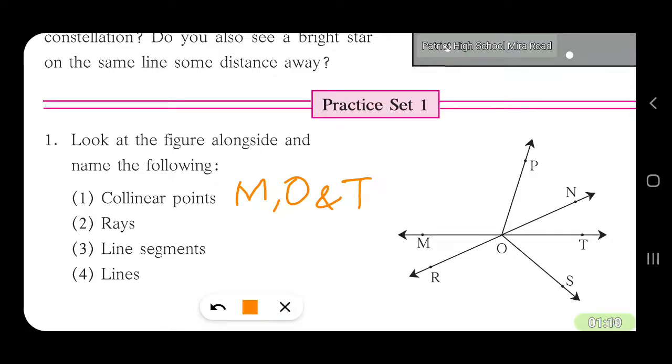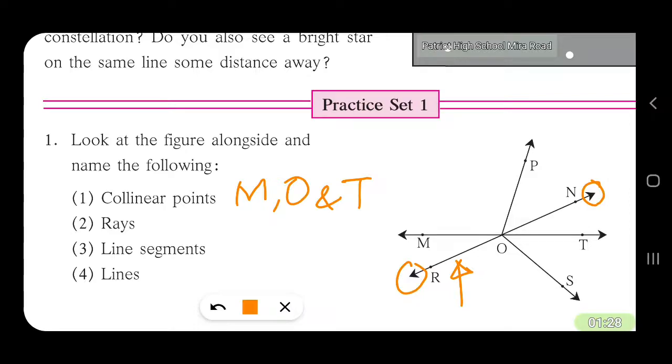Similarly, you consider RON. It has arrowheads at both the ends. So, it is a line because the segment RN is extending up to infinity in both the directions.